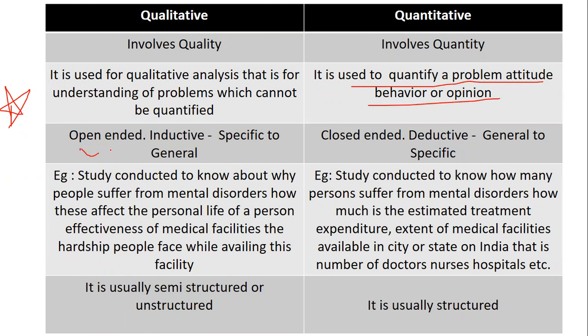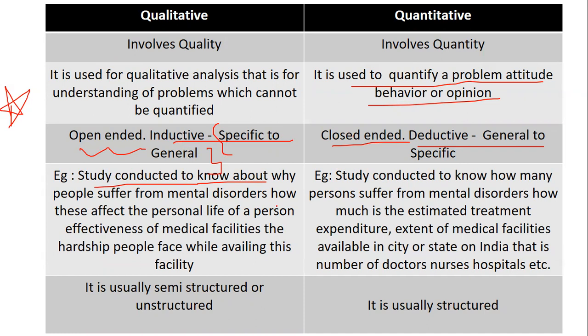Qualitative research is open-ended, that is inductive in nature, specific to general, whereas quantitative research is close-ended, that is deductive, general to specific. For example, a study conducted to know why people suffer from mental disorders, and how those disorders can affect someone's personal life, is qualitative research.